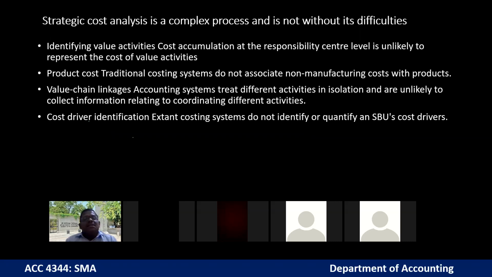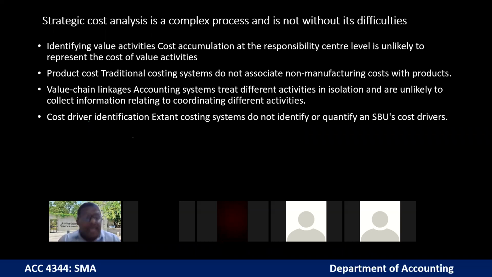Product cost, traditional costing system. You know that in financial accounting, what we did was we just wanted to calculate the cost of sales. We just wanted to identify the manufacturing cost. We didn't worry about the non-manufacturing overheads because we treated them as period cost, like a P&L item.